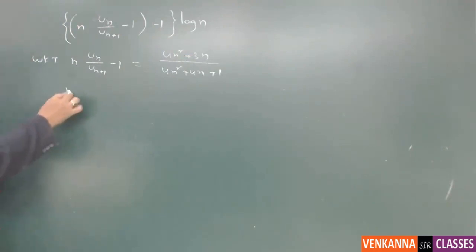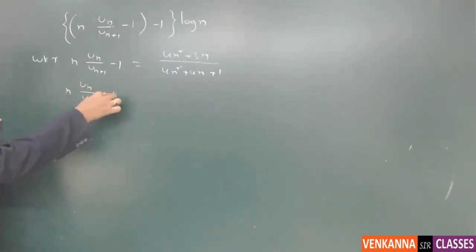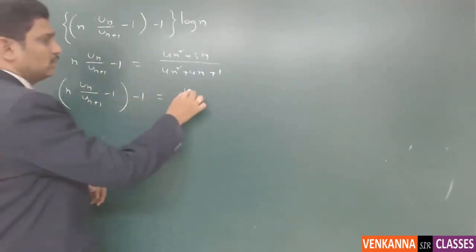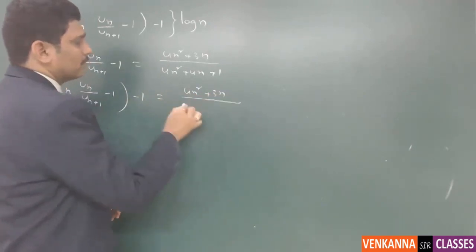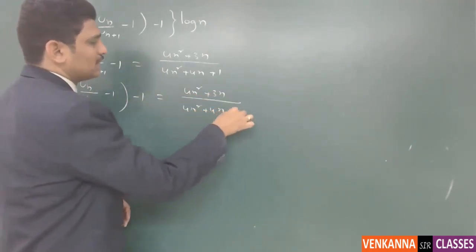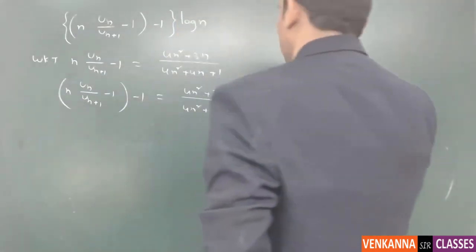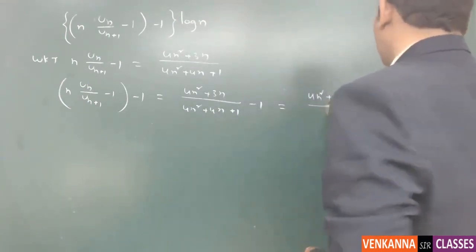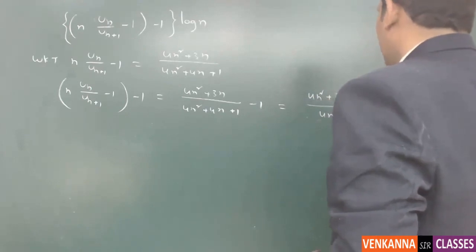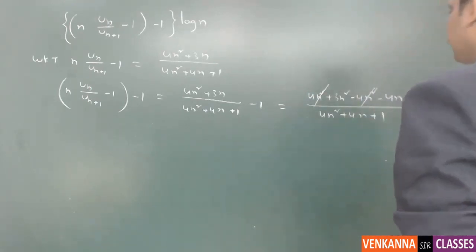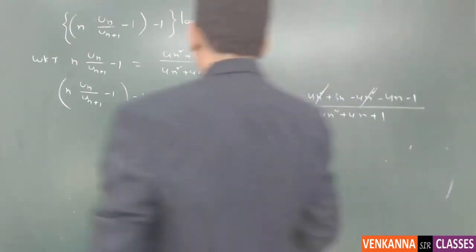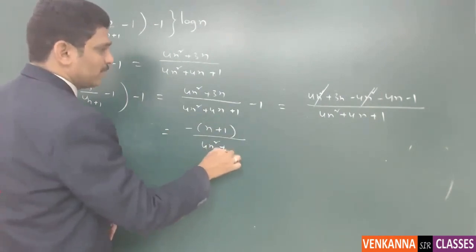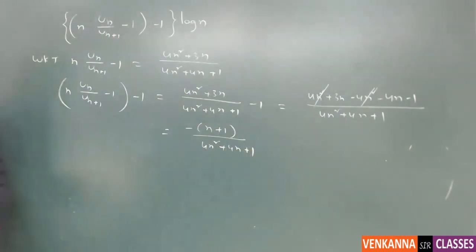So n into (un by un+1 minus 1), minus 1, equals (4n²+3n) by (4n²+4n+1) minus 1, which is (4n²+3n minus 4n² minus 4n minus 1) by (4n²+4n+1). The 4n² gets cancelled, and this value equals minus (n+1) by (4n²+4n+1). Accepted?